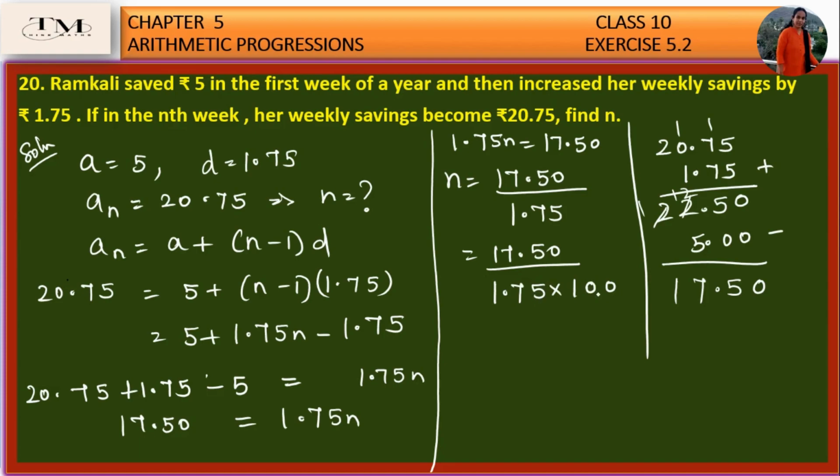We multiply on numerator and denominator. So it will be 1750 divided by 175. So the decimal gets cancelled. So this is equal to 10. So n is equal to 10. So it means, in the 10th week, her weekly savings will become 20.75.